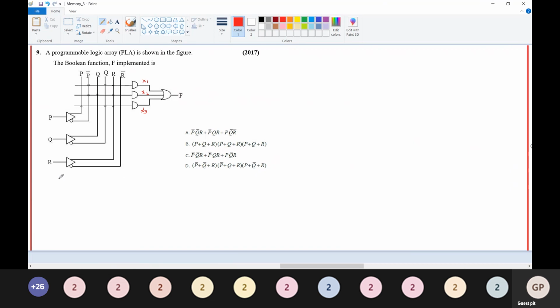So here in PLA, both the AND array and the OR array are programmable. In PLD, programmable logic device, we have three main classifications: PROM, PLA and PAL.